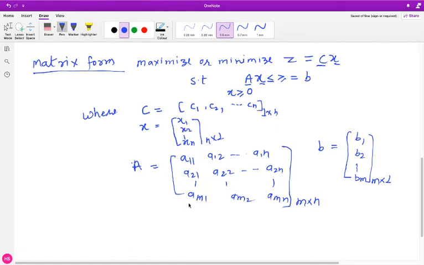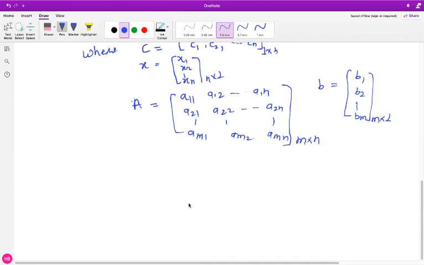So, next we are going to discuss canonical form.